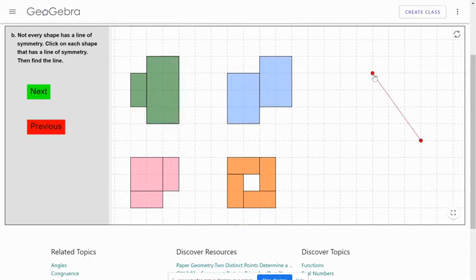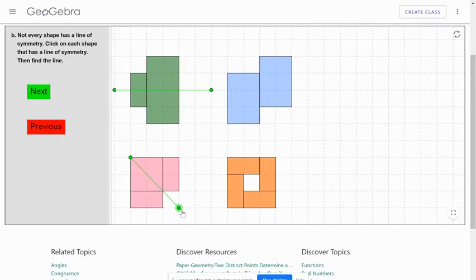This one has a line of symmetry. It would be like this. Okay, so that works. This one also has a line of symmetry diagonally.